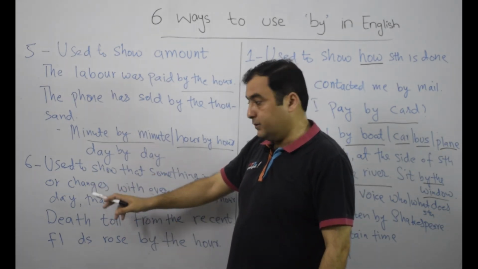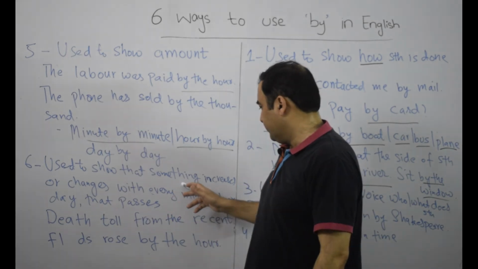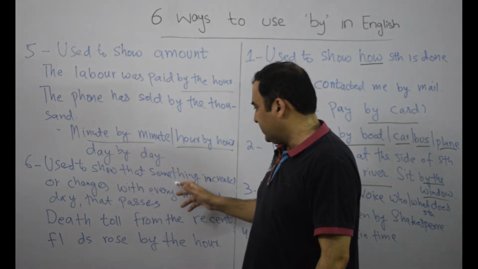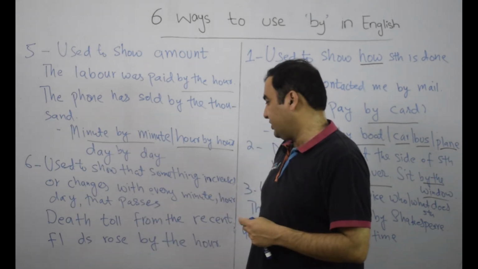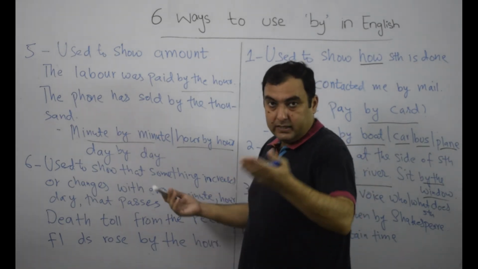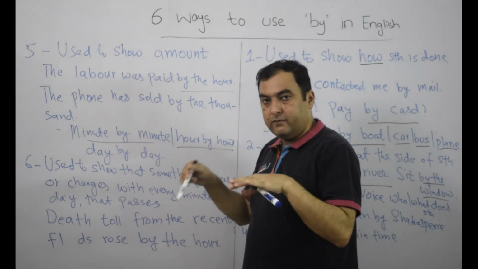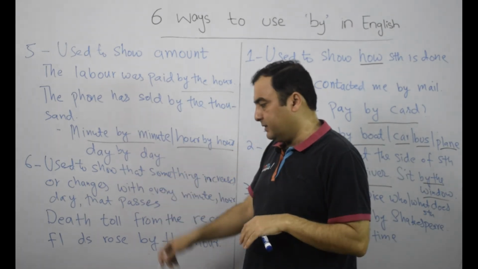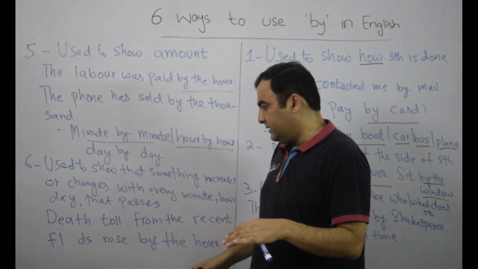Moving on to the last usage. By is used to show how something increases. It shows increase or change with every minute or hour that passes. So for example, a very relevant example from Pakistan these days is the death toll from the recent floods.